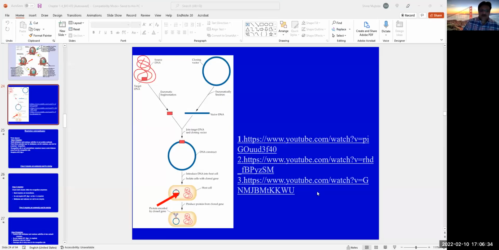So, we stopped the class around this slide, and on this slide, I was trying to emphasize that bacteria is a lab in itself, because in a typical lab, what do you do? You do an experiment, and you have tools. Bacteria has those tools that make the strategy for recombinant DNA technology feasible.